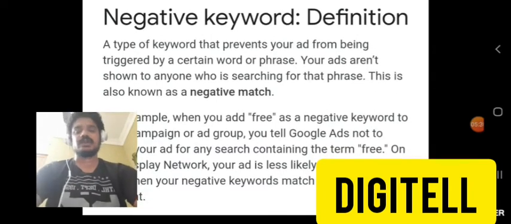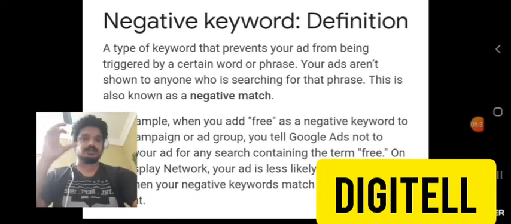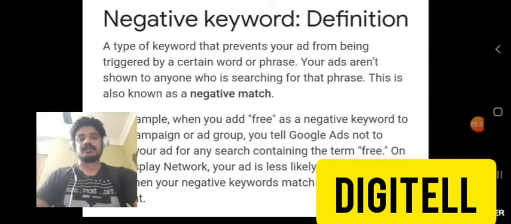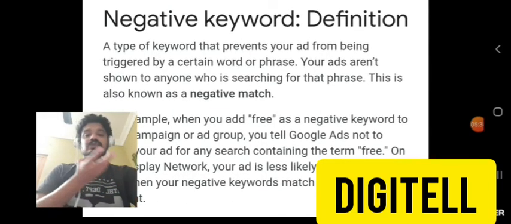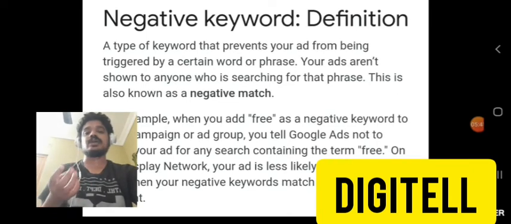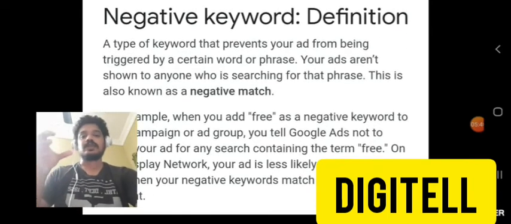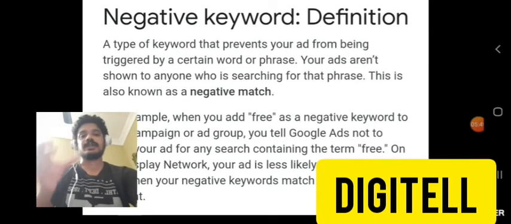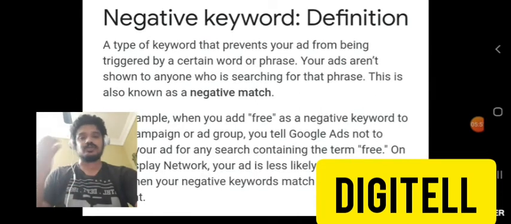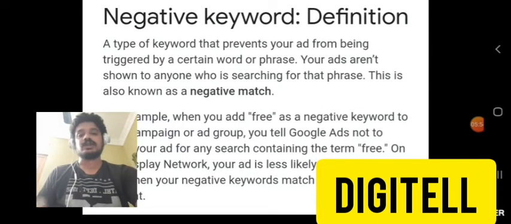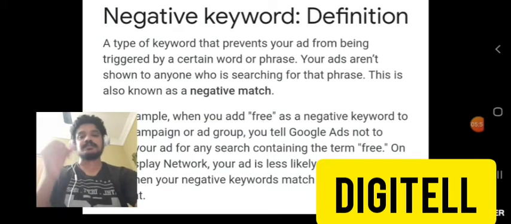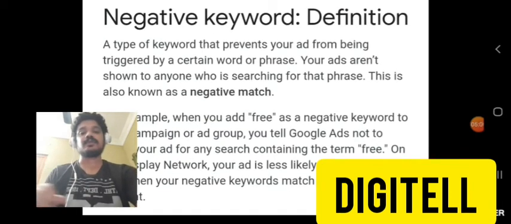And next thing is, there are some steps. First of all, we have to run the ad for at least 15 to 20 days. After 20 days we will have some data. Before listing out the keywords, we should have some data. We should have a search term report. The search term report will give the data and the performance, how the keywords are performing.